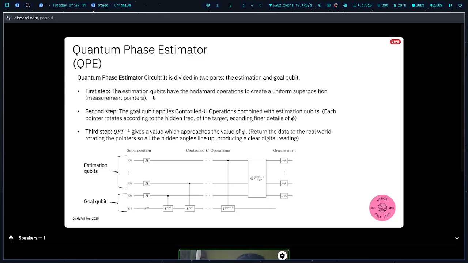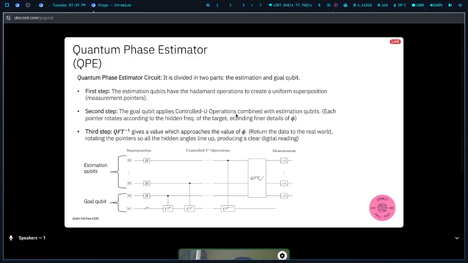The first step is that the estimation qubits have the Hadamard operations again to perform a uniform superposition. So, a bank of Hadamards, one on each qubit. In the second step, the goal qubits apply controlled-U operations. A controlled-U operation, from the first lecture, is just a conditional: if this happens, then do this block.